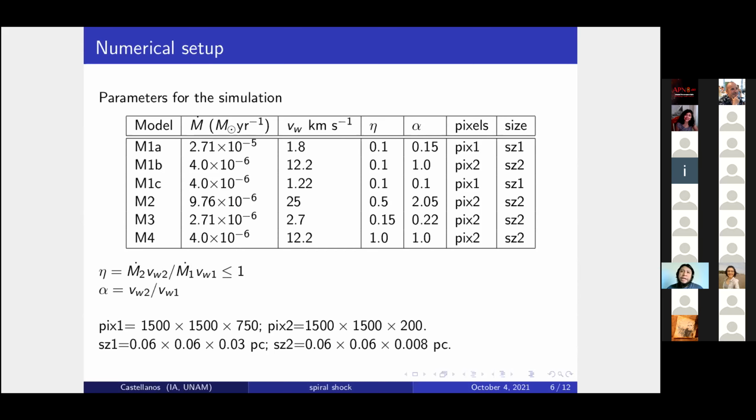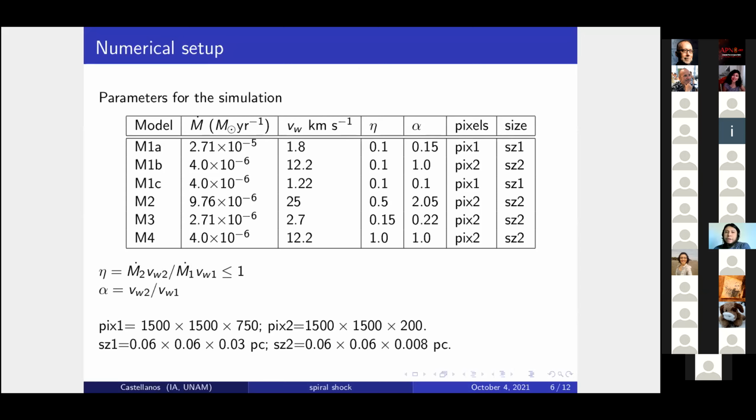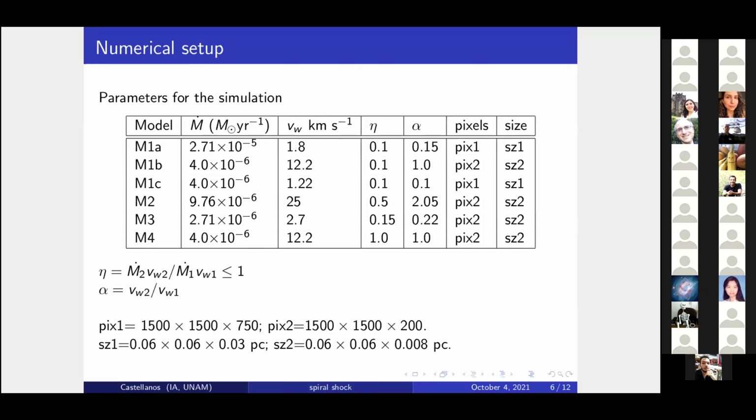It's not exactly the parameters for the Red Rectangle, because we didn't try to obtain this model, but it's almost a model where the ram pressure ratio for the secondary is about 10% of the primary, and with a velocity ratio of about 50%, 15%, more or less.